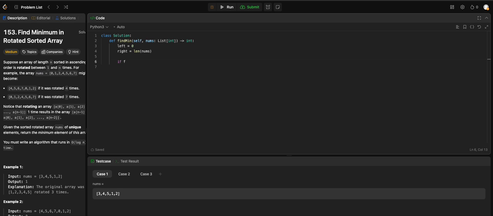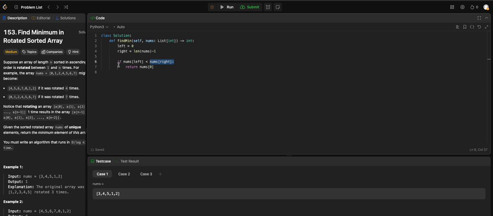So if nums[left] is less than the last one, the first number at index 0 is less than the last one.